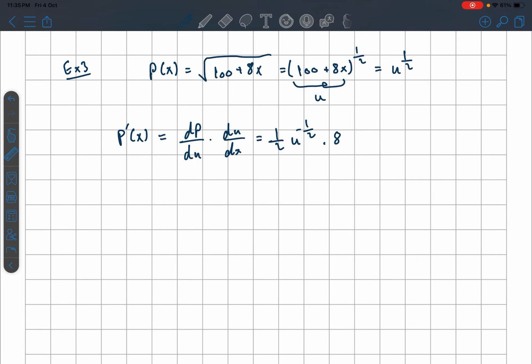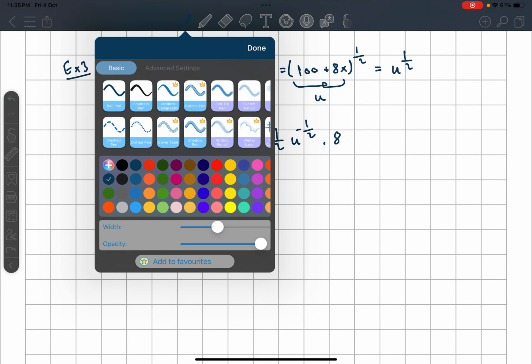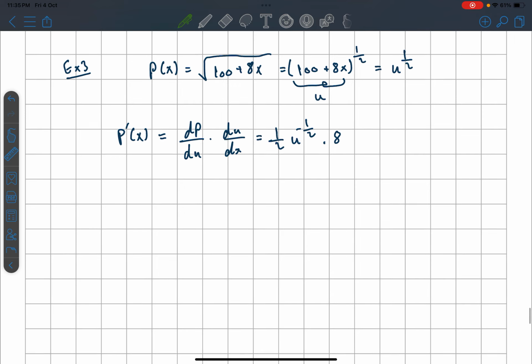Here we can say that 8 over 2 will be 4. So 4u to the power of negative half.